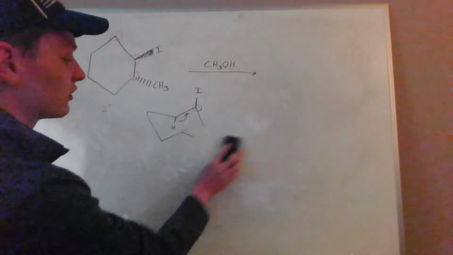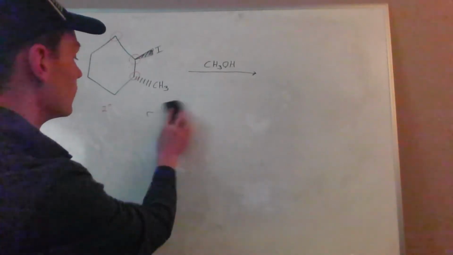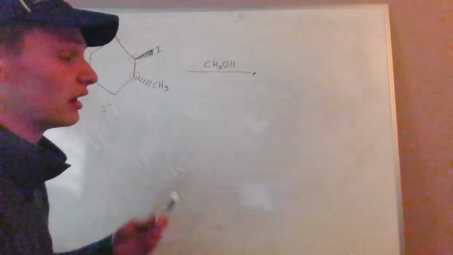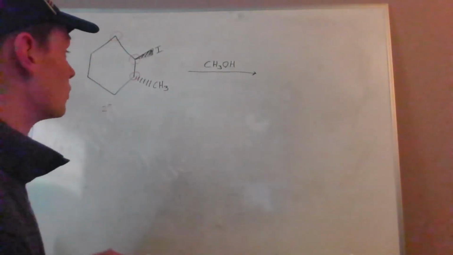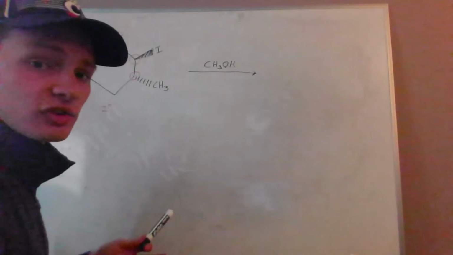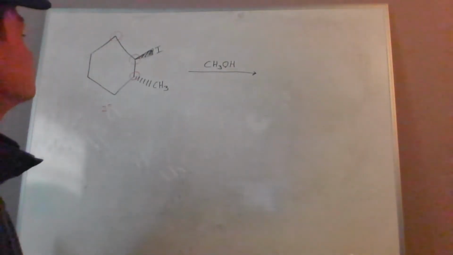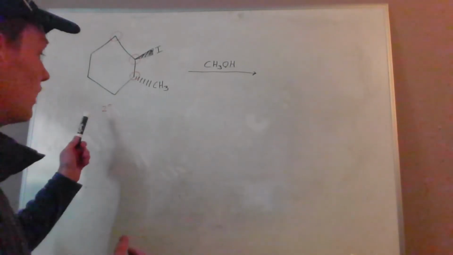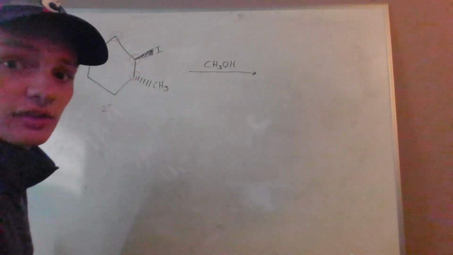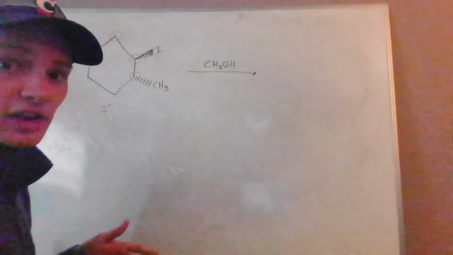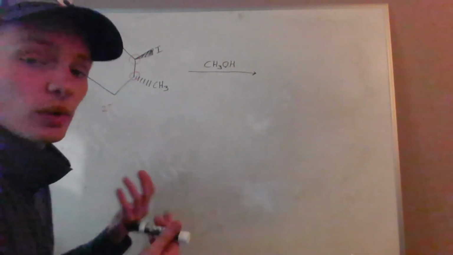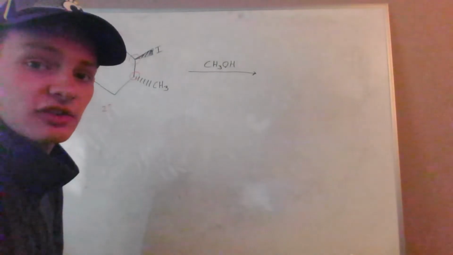But fortunately in this case, methanol is a weak base and a weak nucleophile. So we are going to get an SN1 product or products and obviously an E1 product or products. Let's just see what happens first, okay? So the main thing that we have to realize when we have a secondary substrate is that hydride shifts can happen, especially if we're concerning ourselves with the E1 or SN1 reaction mechanisms.